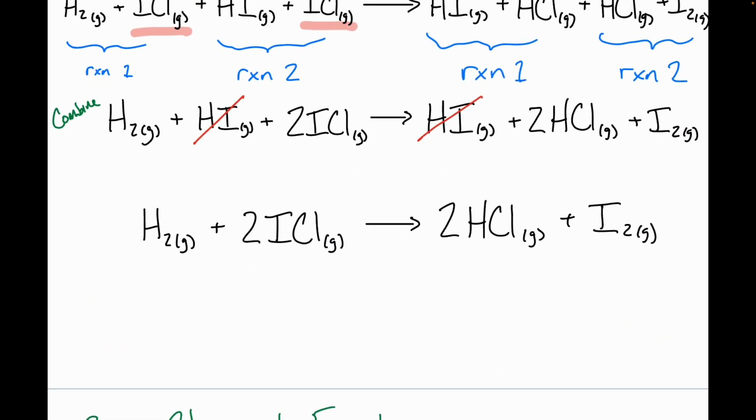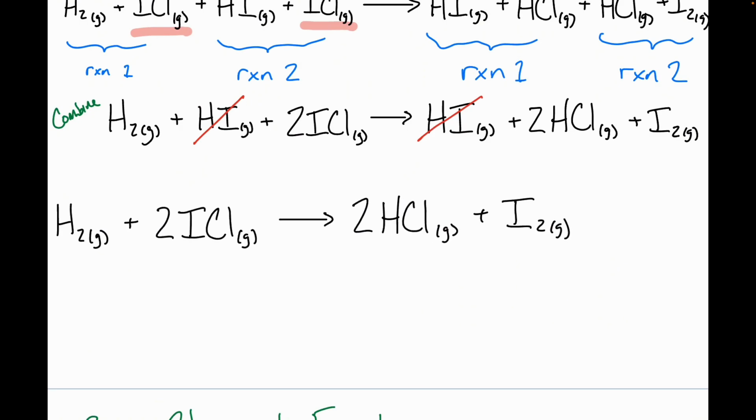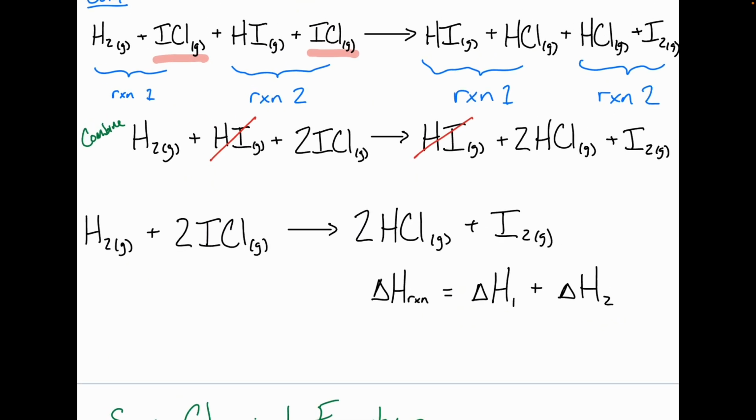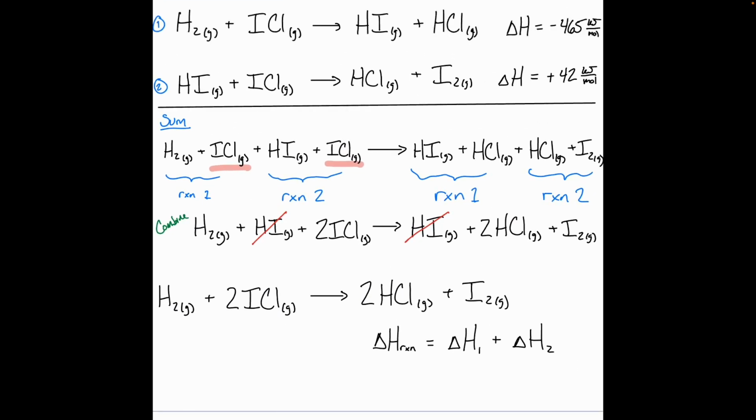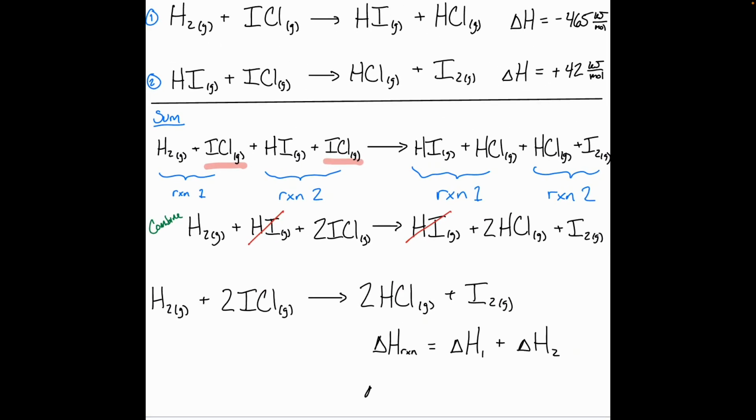All right, so here's these two reactions that I added together. If I want the enthalpy of this reaction, I'm going to simply add up the enthalpy of those two known reactions that I used to sum up to get that unknown reaction. In this case, the first one was negative 465.